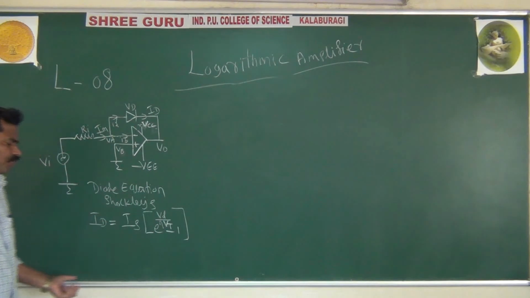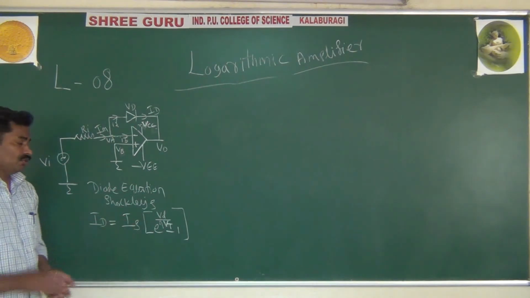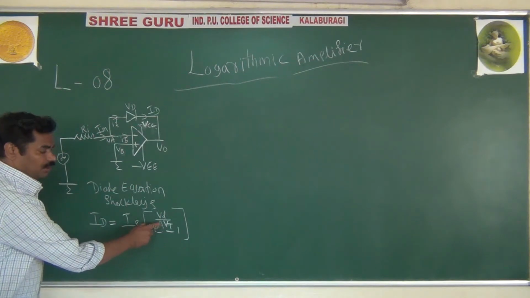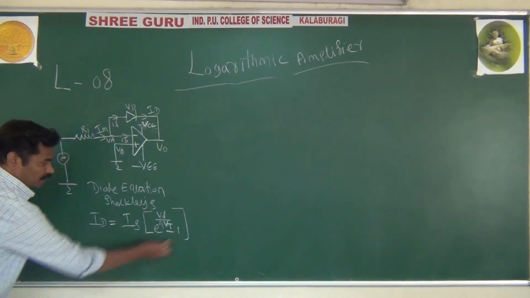And especially for diodes, e raised to VD by eta VT is much more than 1. That's why you can neglect the 1.